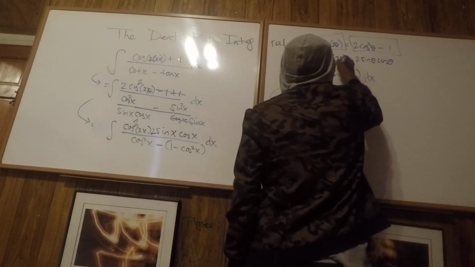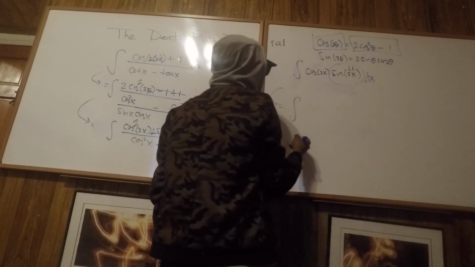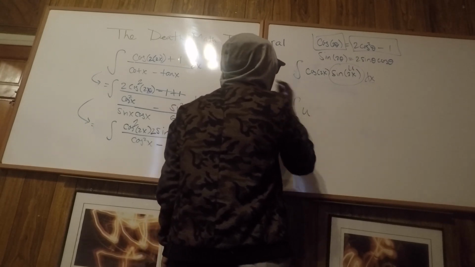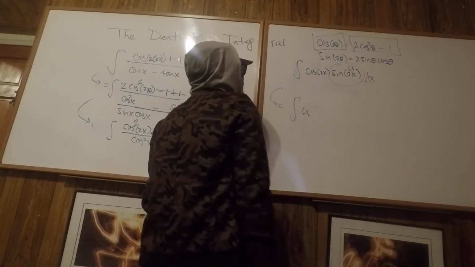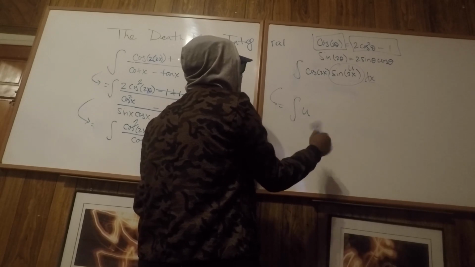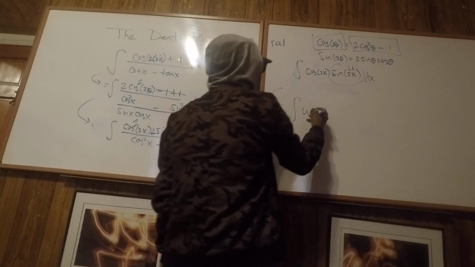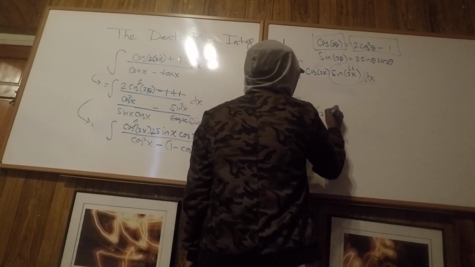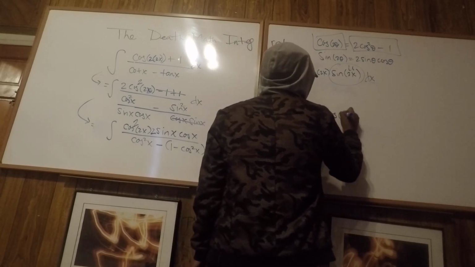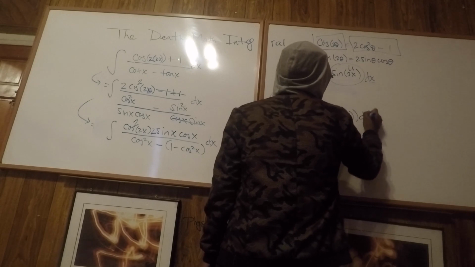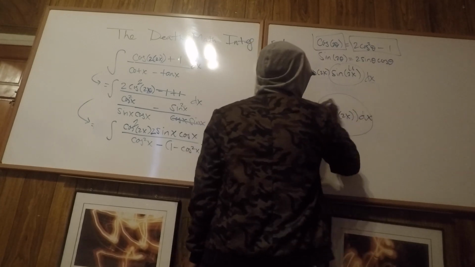So if we say that this is u, then we've got u, and du would be cosine 2x times 2, right? So we could just say 2 cosine 2x dx. This is what I just wrote is du.